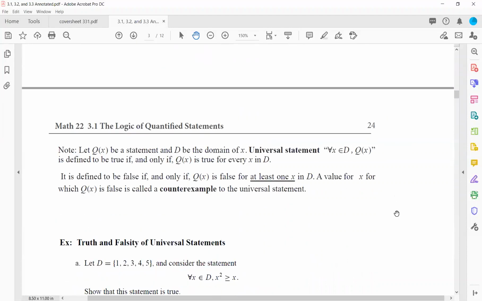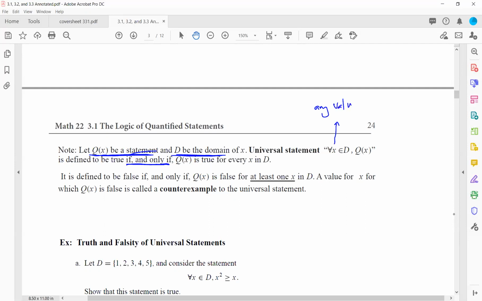Next up is the universal statement and counterexample. Suppose you have a statement like Q(x) and the domain is D. The universal statement, for all x in D, Q(x), is defined to be true if and only if this statement is true for any random value, any value.